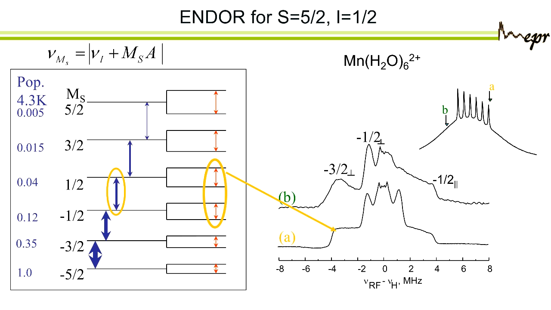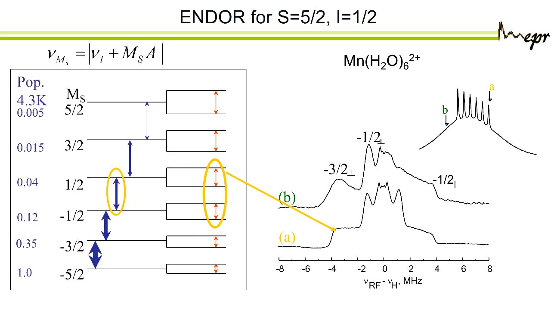This is the Pake pattern, and in the middle you have some contribution from far away protons, but you see this nice Pake pattern from the water, and you can immediately read from here the coupling of the water. This is usually very easy. If you want to know if manganese has a water ligand, this goes very easily.